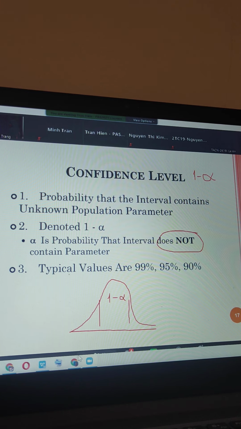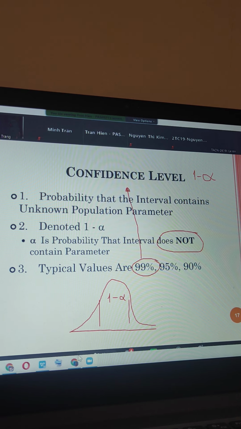Okay, so here are some common values for the confidence level: maybe 99%, 95% or 90%. So when I use a 95% confidence interval, what is the value for alpha?